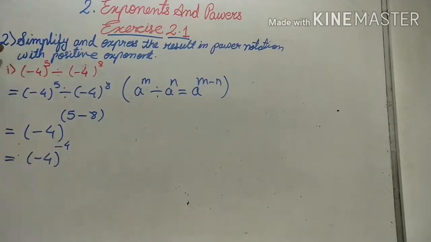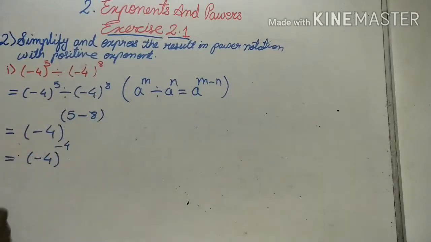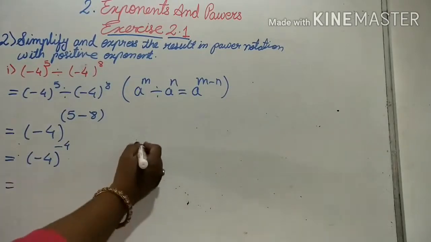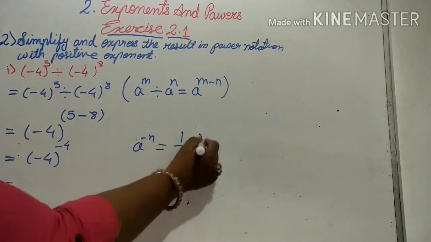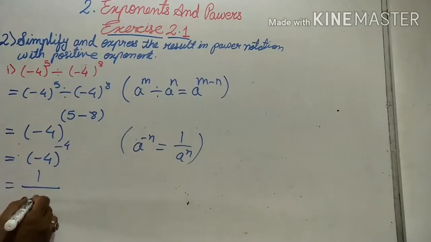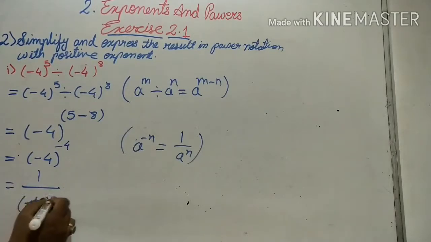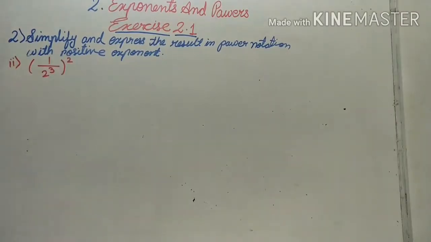But in the question, what do they ask? Power notation with positive exponent. Now the exponent is negative, so we'll use a raised to minus n is equal to 1 by a raised to n. Means 1 divided by minus 4 raised to 3. This is the answer.